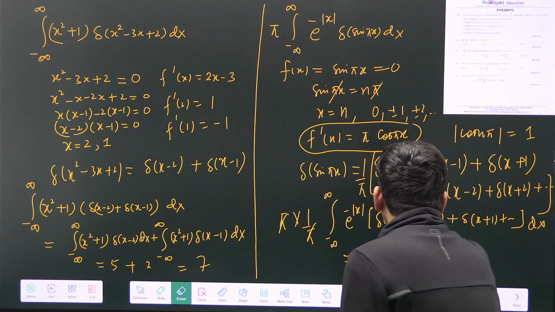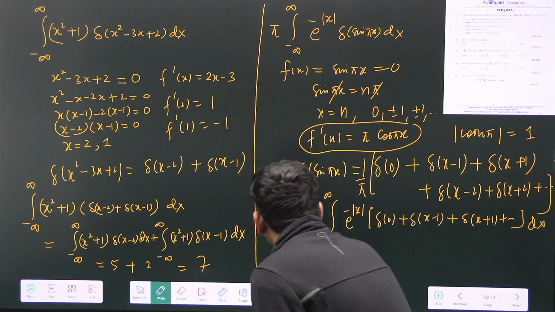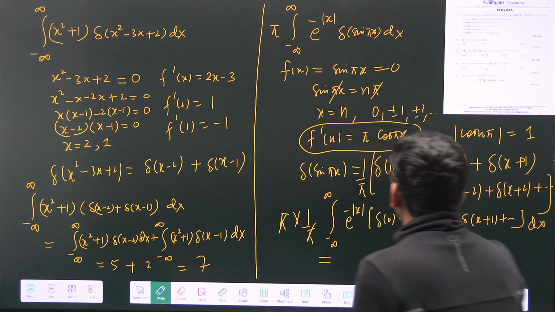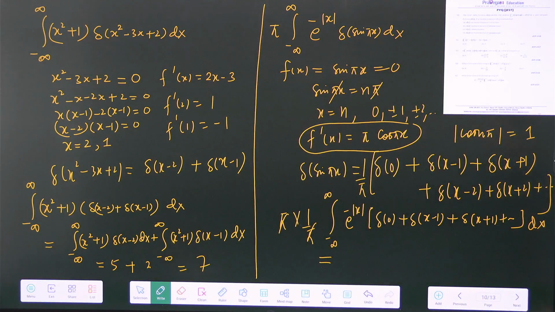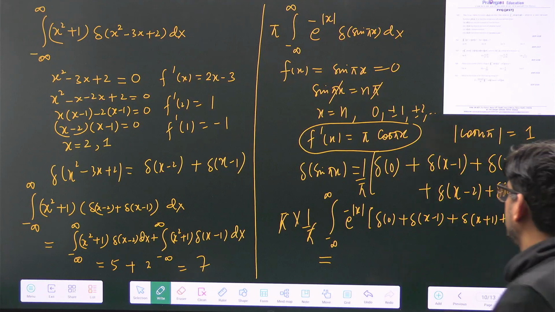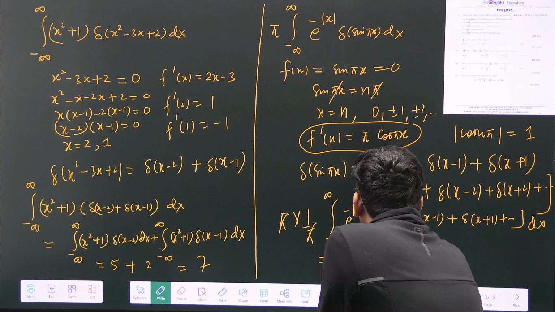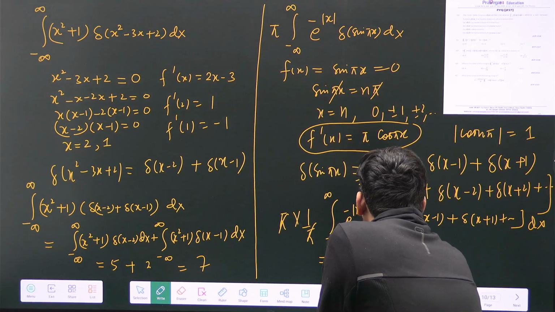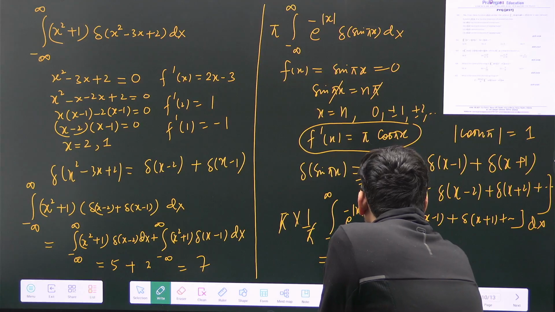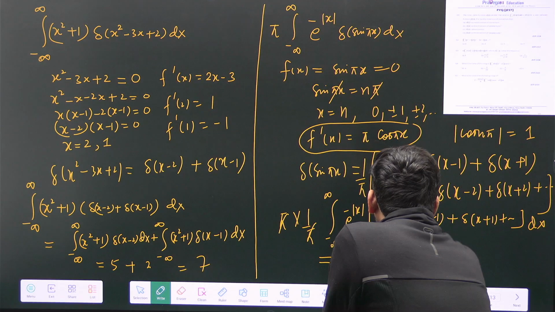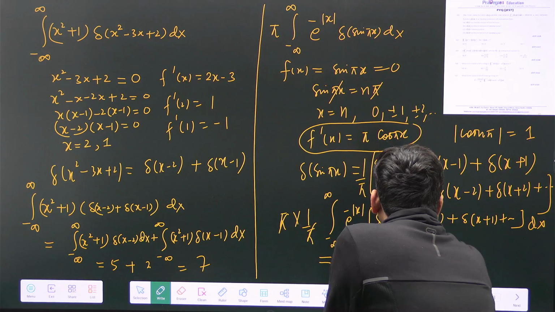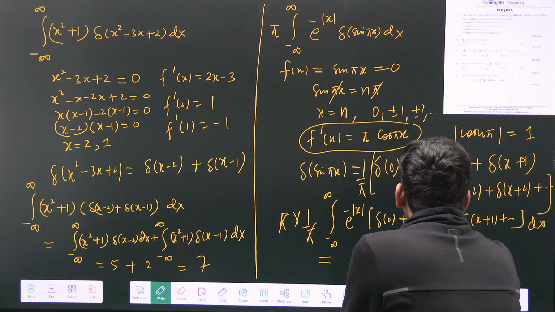इस स्टेप को दोबारा लिख देता हूं. So here we have e to the power minus of mod of x. तो जब ये मल्टीप्लाई होगा तो we will get e to the power 0 plus e to the power minus 1 because of mod 1.